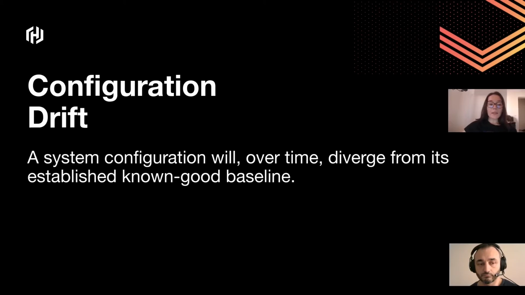Any system configuration will over time diverge from its established known good baseline or even industry standard benchmarks in case you follow these. In reality, even a small drift can expose your organization to data breaches or downtime.